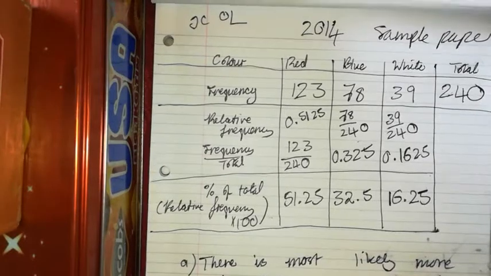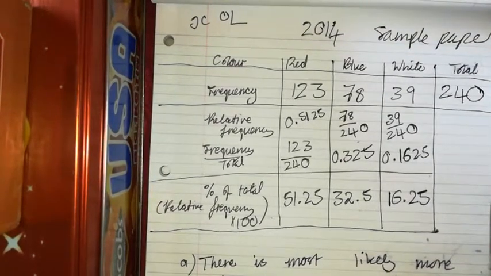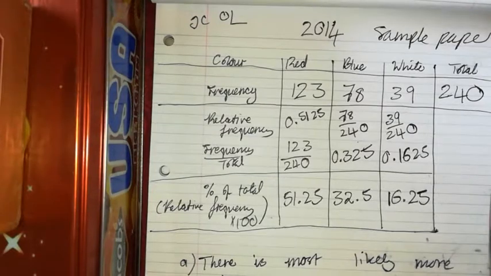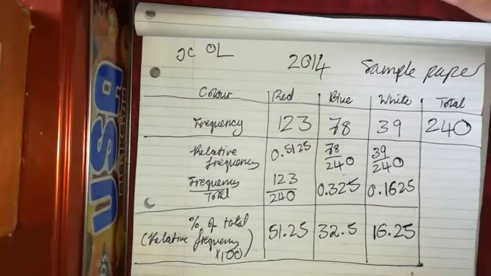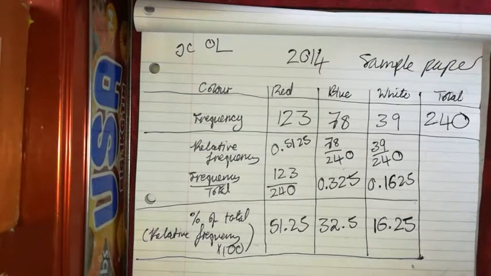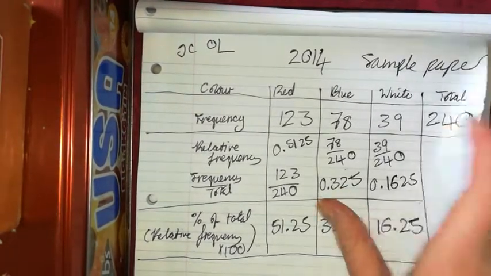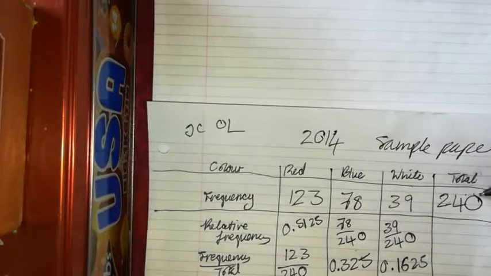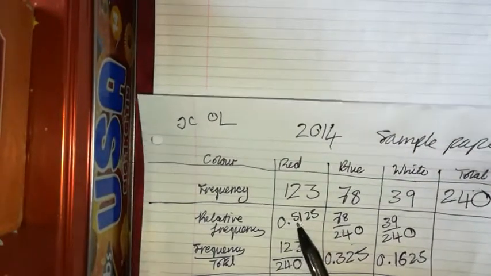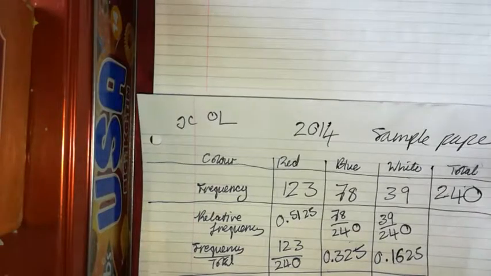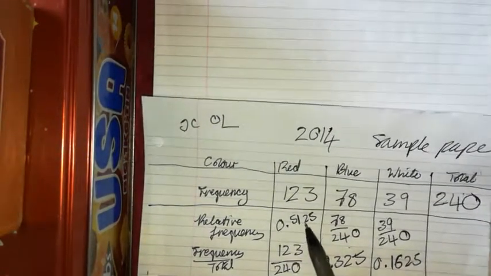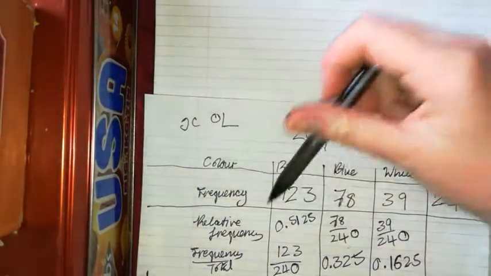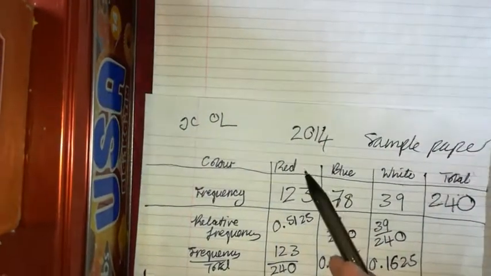And the next question is, Anne says that there are 10 discs in the bag. Is this a reasonable suggestion? So when we had 240 trials, 0.5125 is the proportion of the time that a red came up.